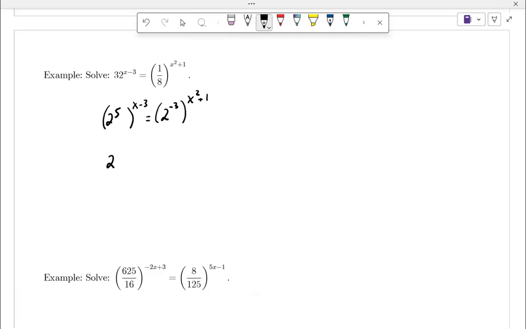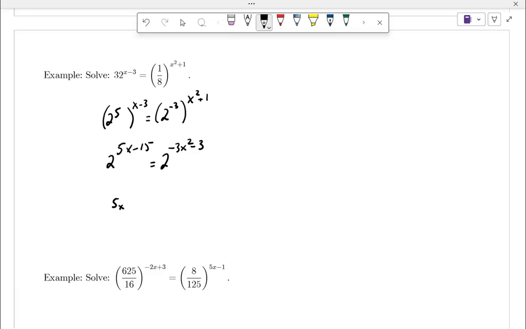Now, next, multiply, good. The exponent on the left-hand side is 5x minus 15, good. The exponent on the right-hand side is, good, just distribute that -3 through. And now that we have the same base on both sides, we can just set them equal, can't we? Okay.